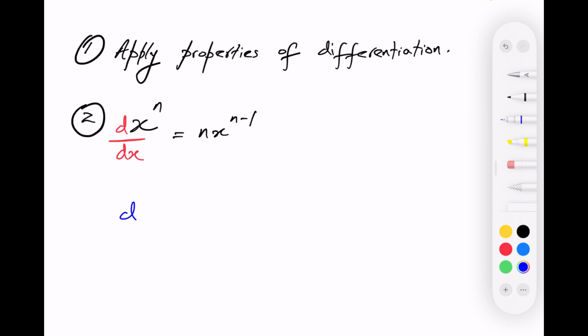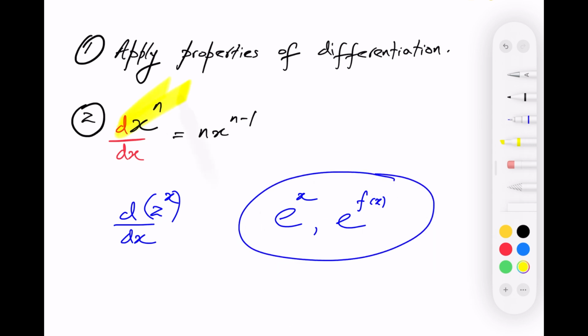For example, I need to differentiate a number raised to the power x. You cannot differentiate this similar to the differentiation of x to the n. So just remember that to differentiate any exponential function, including the natural exponential function or any composite functions involving that natural exponential function, such as e raised to the f of x in general, we cannot use this result, differentiation of x to the n, whatsoever.